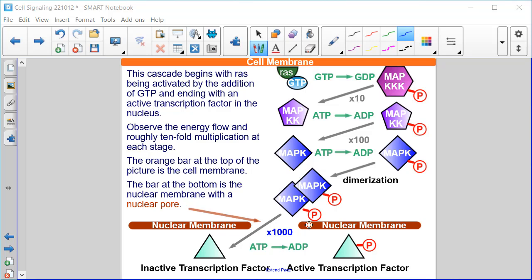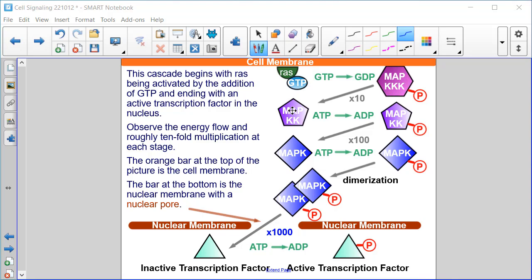So what happens here is we have this cascade where GTP becomes GDP in the process of phosphorylating this MAP KKK.